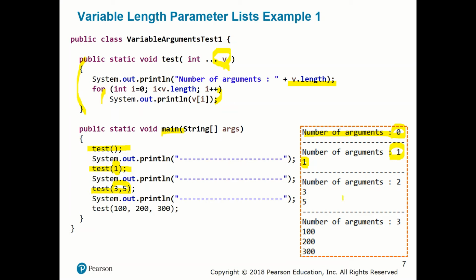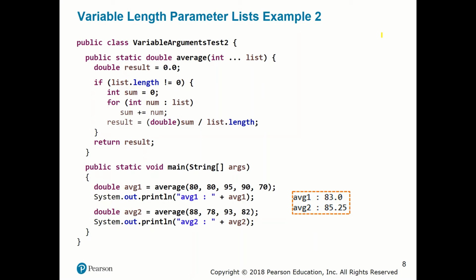Okay, so v the length is 2, and if we print out the array v, then 3, 5 will be printed out. And if we call test with these 3 values, then the length is 3, and these values will be stored in array v. So 100, 200, 300 will be printed out.